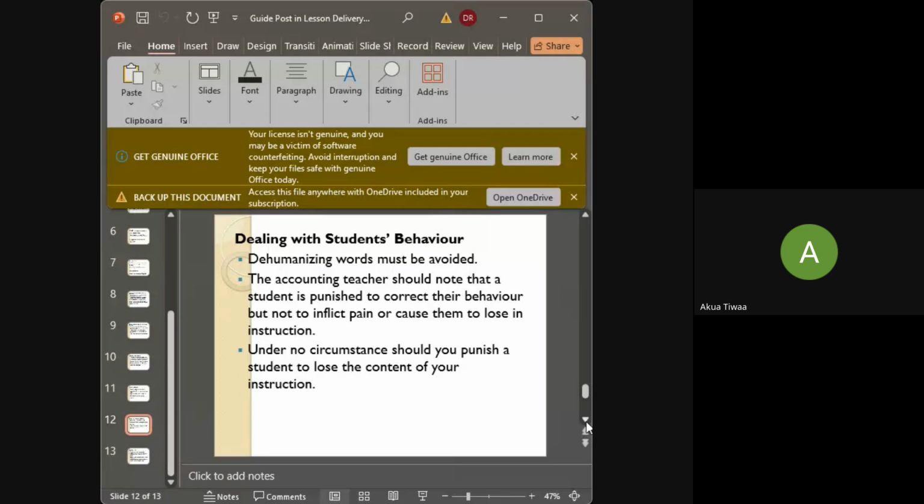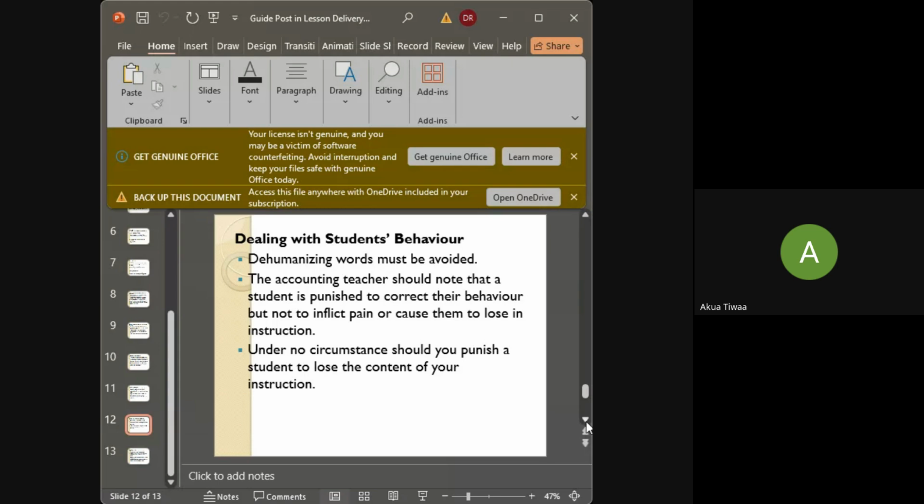Okay, so when you are done teaching, you need to close the lesson. So we have something called closure. You need to alert them that you are done. You can do this by yourself, the teacher, summarizing the lesson, or you can call a student to summarize the lesson, or you can use question and answer to close the lesson to let them know that you are done.